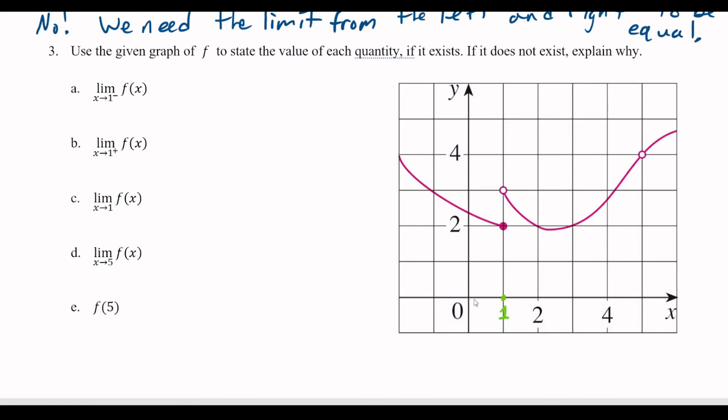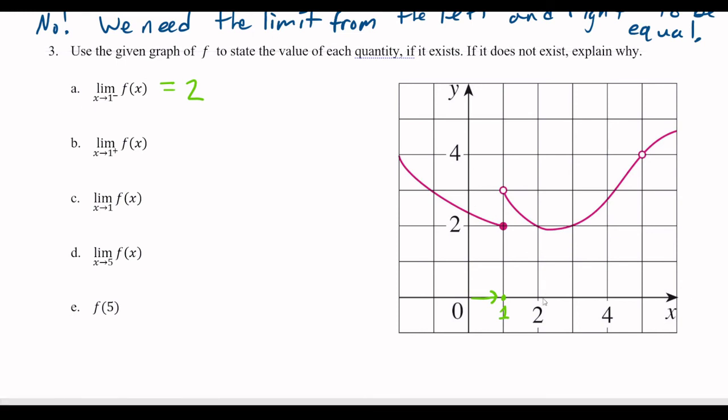As I approach this from the left, what's the function doing? Well, let's follow it, right? The function, as I go here, it looks like it's approaching 2. Okay, from the left. All right, what about from the right? So, color code. The palette is not as colorful as I'd like.